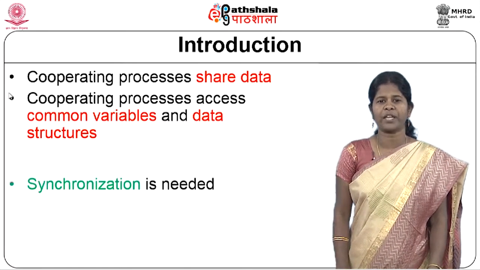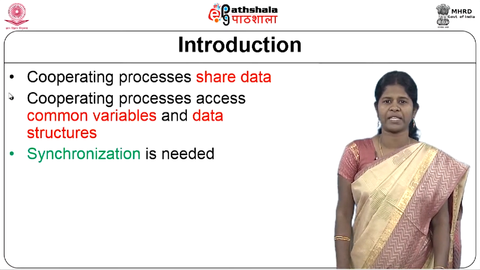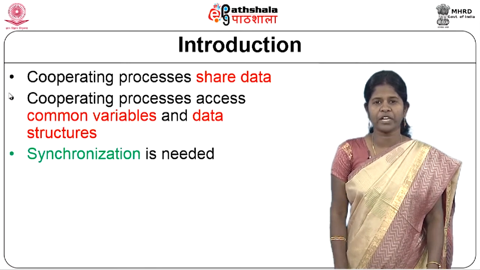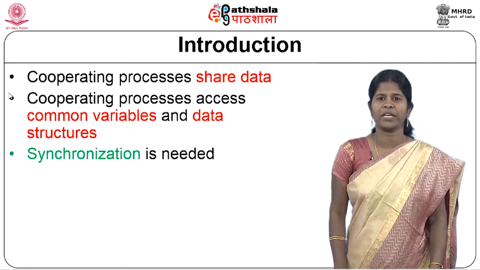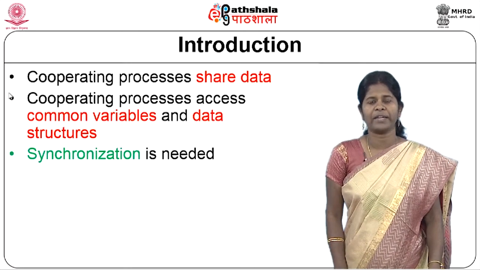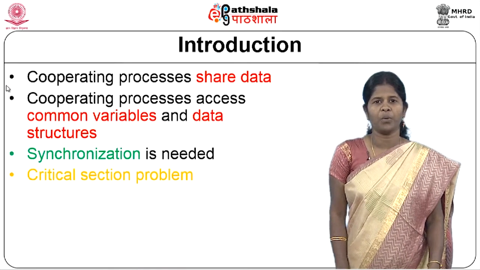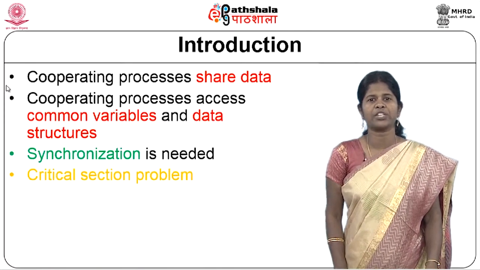These variables and common data structures that the processes access have to be synchronized properly. If synchronization is not done properly, then a process may overwrite the variables, or the data may end up in inconsistencies. We defined the critical section problem in the last class.